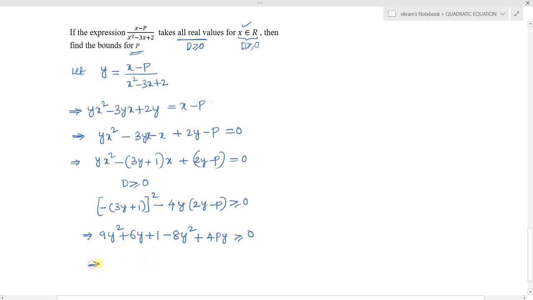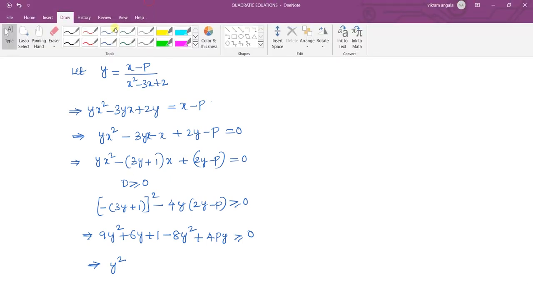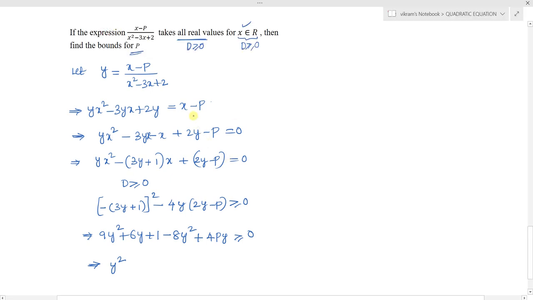A small change here: since it is x − p, when we move it to the LHS we get a plus p, and here we obtain a minus.